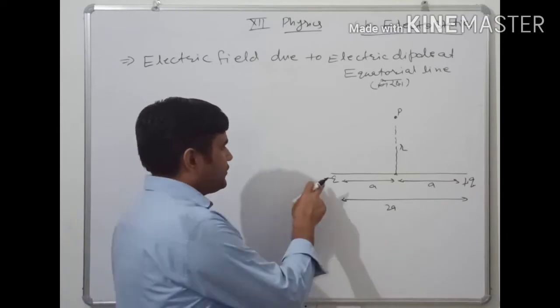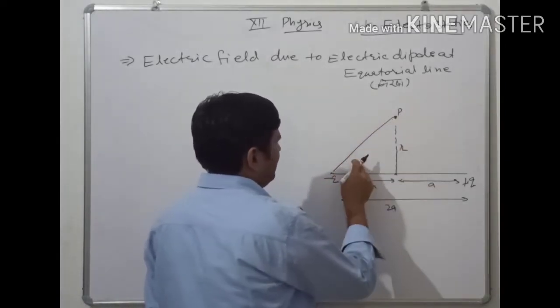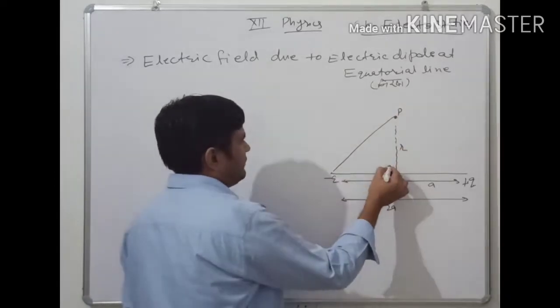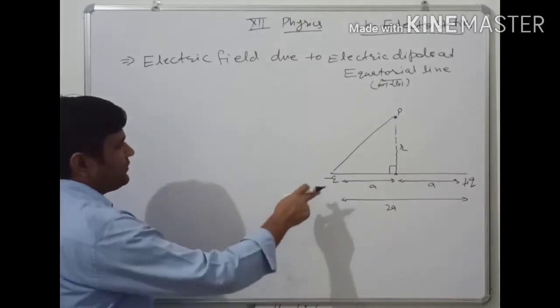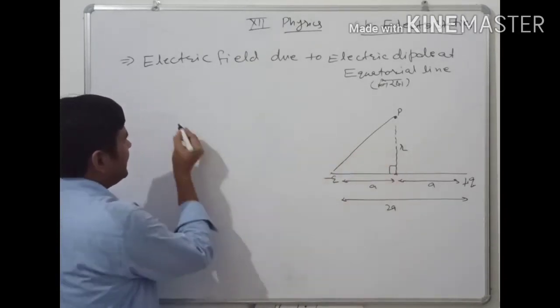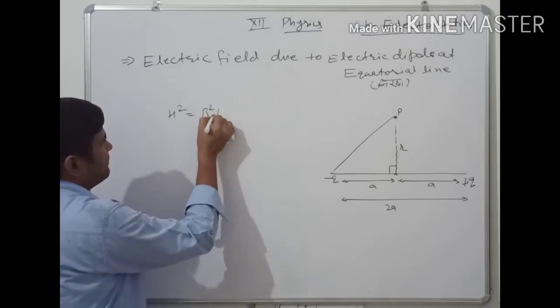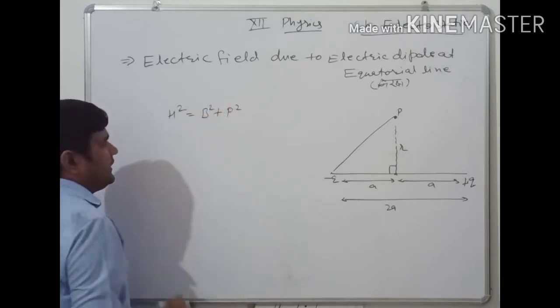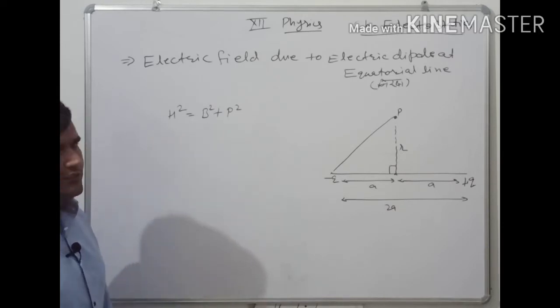First, due to this plus q charge, we will calculate the distance between them. It is perpendicular. That's why here we are considering the formulation in terms of hypotenuse square equal to base square plus perpendicular square, as per the right angle triangle Pythagoras formulation.